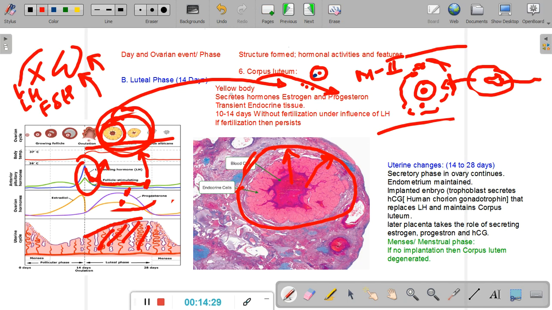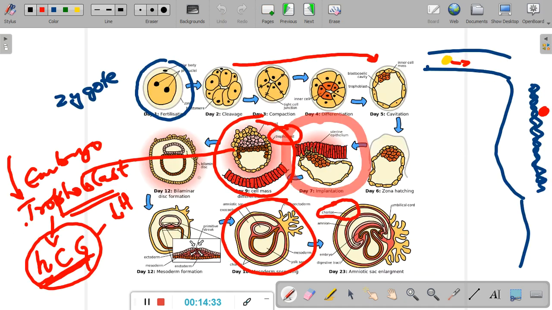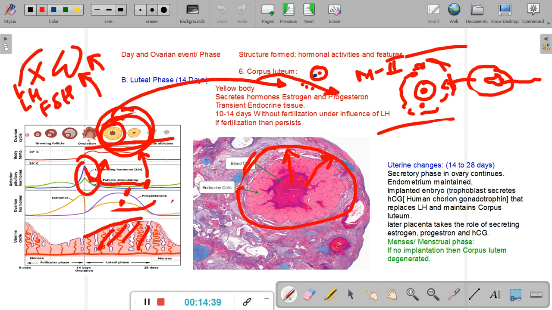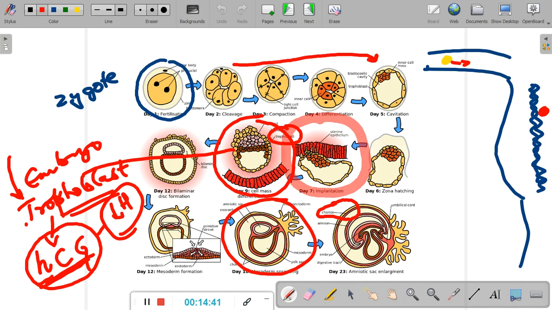Anyways, let's not get too far away and proceed further. Now the human chorion gonadotrophin hormone takes up the role of luteinizing hormone because there is no LH. So HCG is now secreted by the developing embryo, the trophoblast cells around the uterine lining.